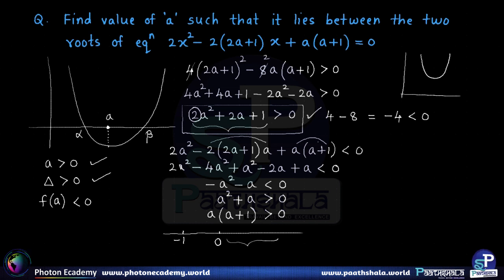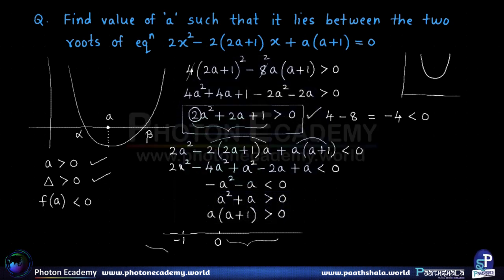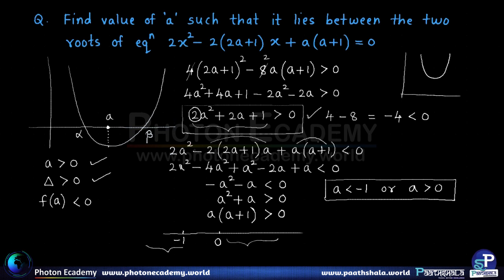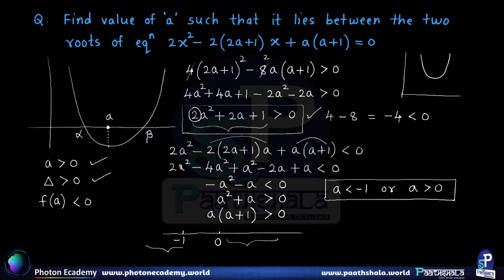So since we want the expression to be positive, either a has to be bigger than 0 or a has to be less than minus 1. So here we have a less than minus 1 or a bigger than 0. So this is the final answer for the value of a which satisfies given conditions.